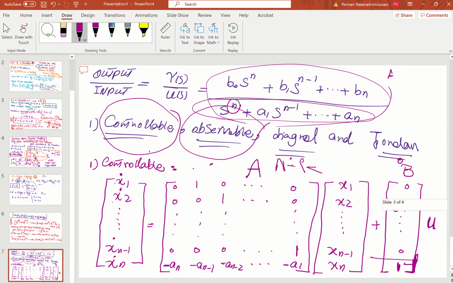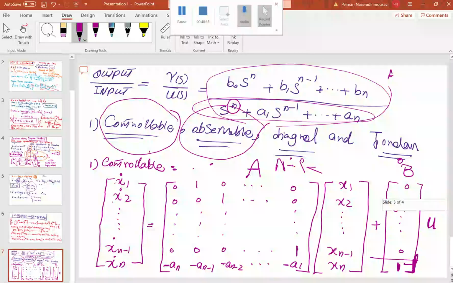You can find the proof of how we derive the controllable form of state space. I don't want to waste your time with that. Just learn, okay? Okay, so this is the first class. We're going to continue with the next forms in the next classes.